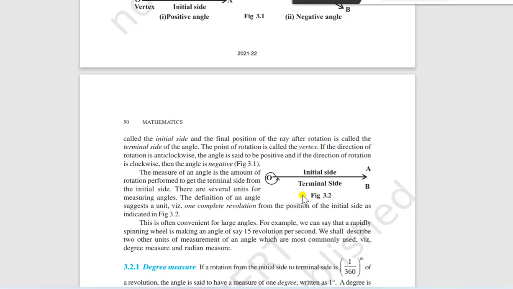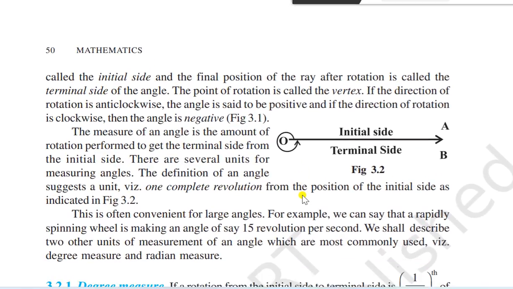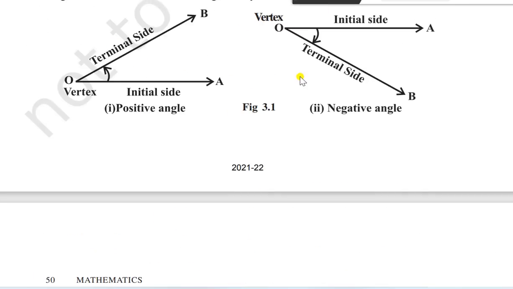One complete rotation from the initial to the final position is a very good measurement of an angle, but only when wheels are moving, like the wheels of a bus going round and round. But in daily life, let's say it is 60 degrees or 70 degrees, how will we tell it's 60 or 70 degrees? Or let's say it is this angle, how will we tell it's this angle?